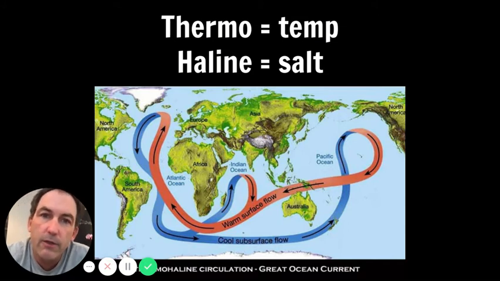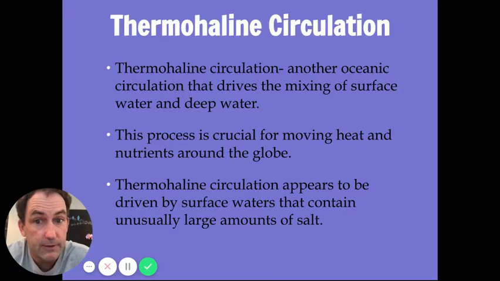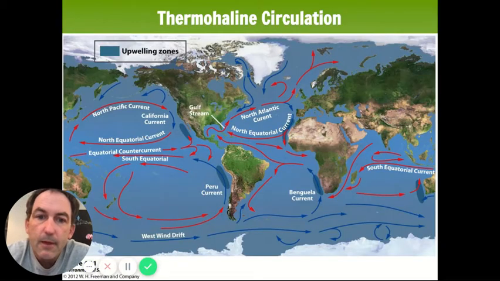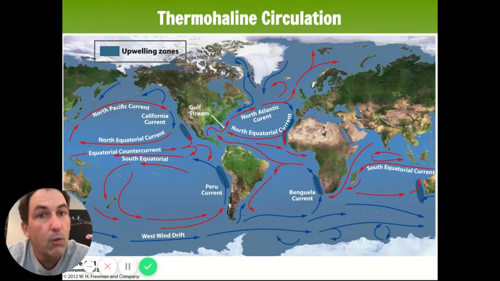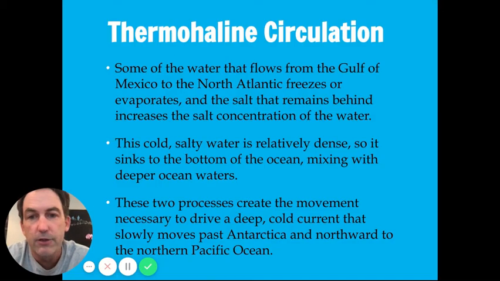The cold water tends to flow along the bottom of the ocean, while the warm currents tend to be closer to the surface. Thermohaline circulation serves to distribute heat from equatorial regions to the poles, and work towards creating an equilibrium condition, although it's constantly being disrupted by incoming solar radiation.